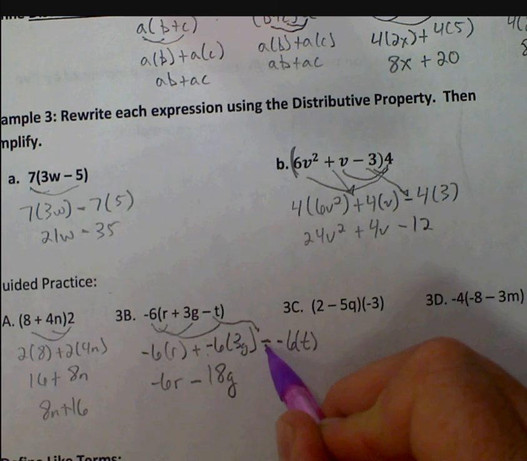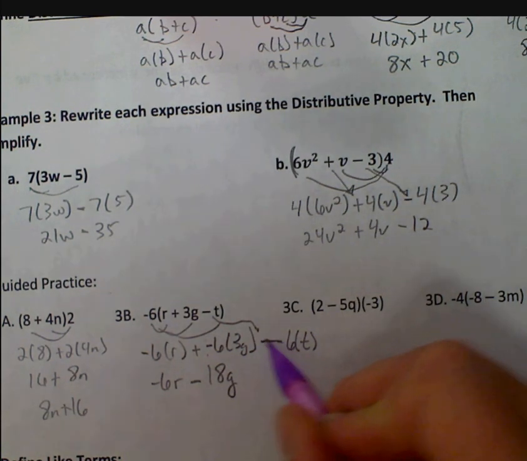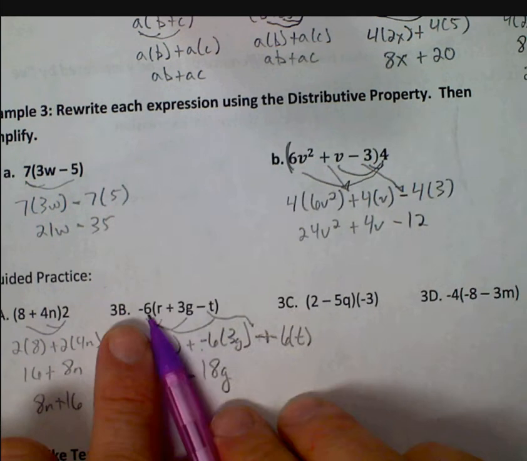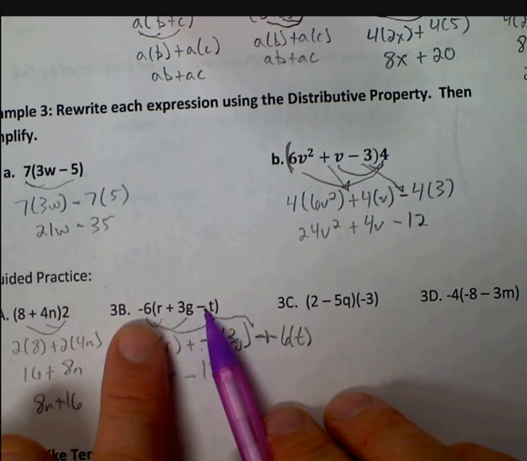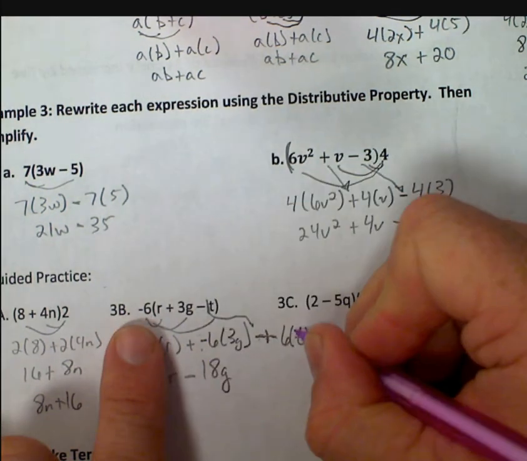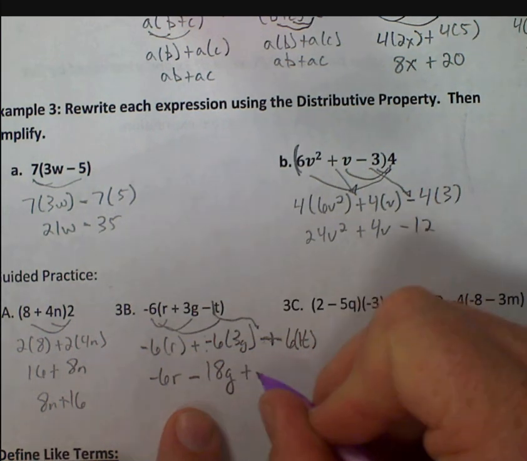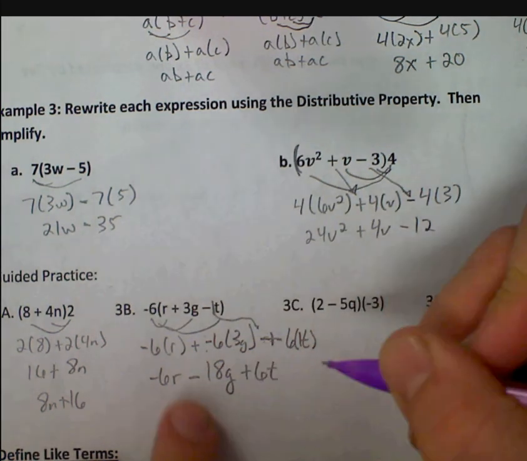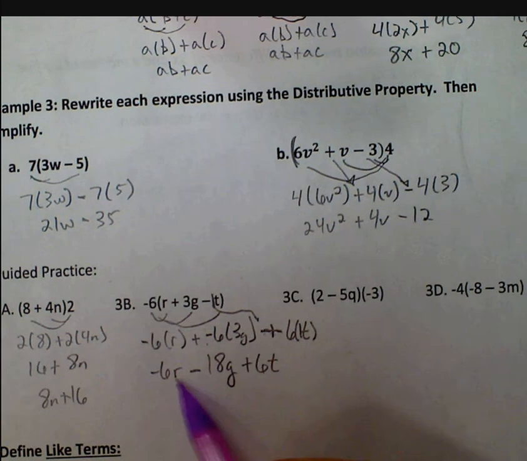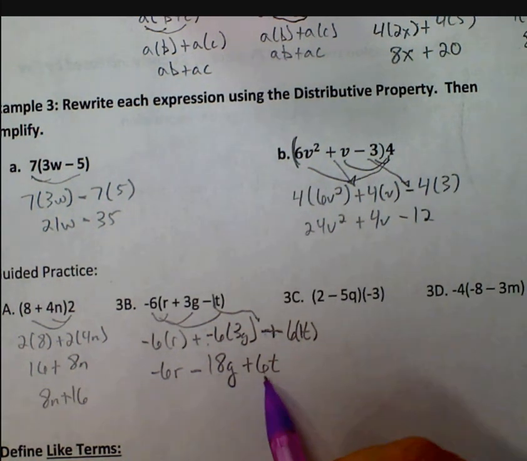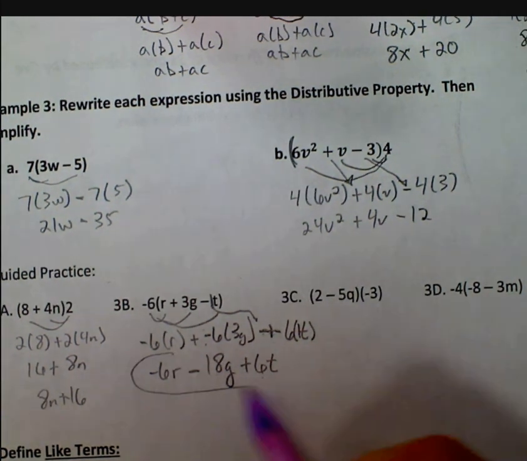If I have a minus by a negative, it becomes a plus. If I take negative 6 times negative, this is really a 1, so negative 1, that's a positive. 2 negatives make a positive, minus negative becomes a plus. So that would be plus 6t. That is my answer. I cannot combine like terms yet.